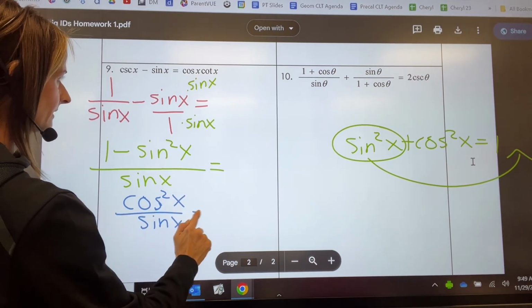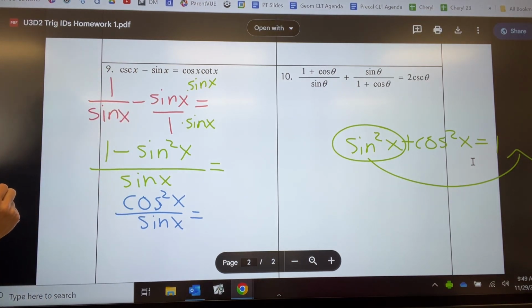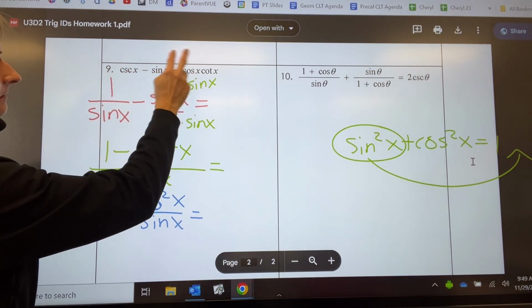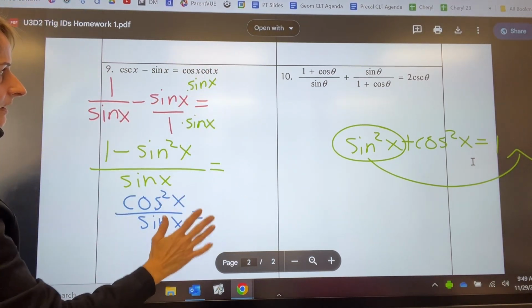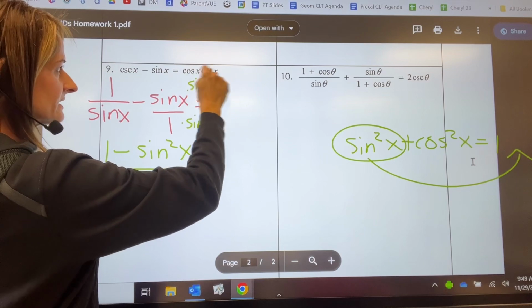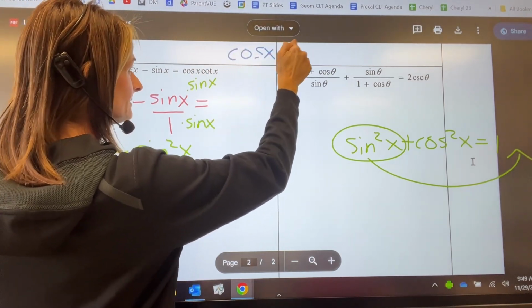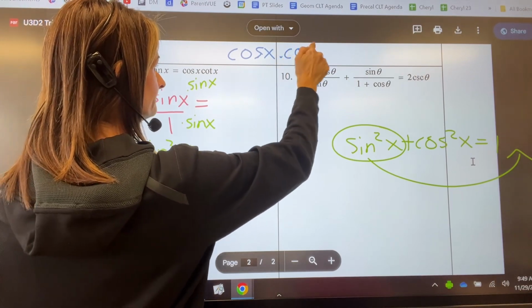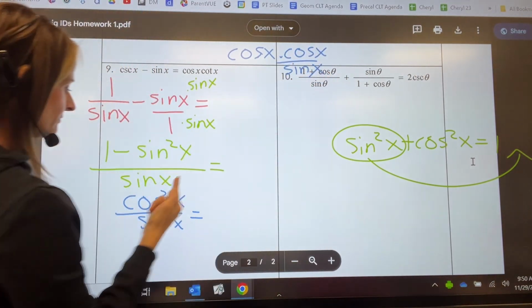We're getting somewhere, because now I look at the other side and I can see in my head, and you can write this out if you want, but you can't write anything on the right. This cosine times cotangent is cosine times cotangent is cosine over sine. So that's what we have.